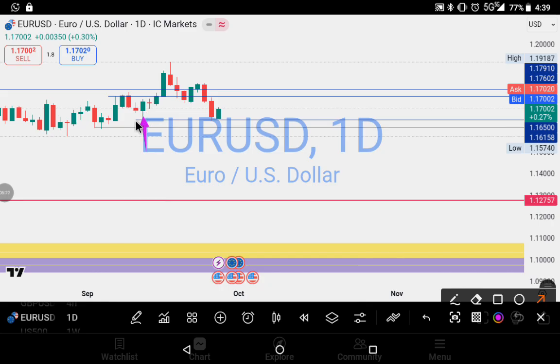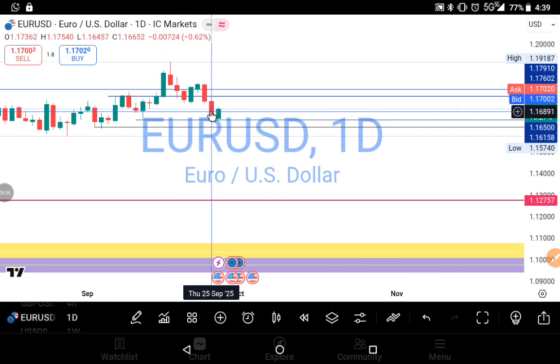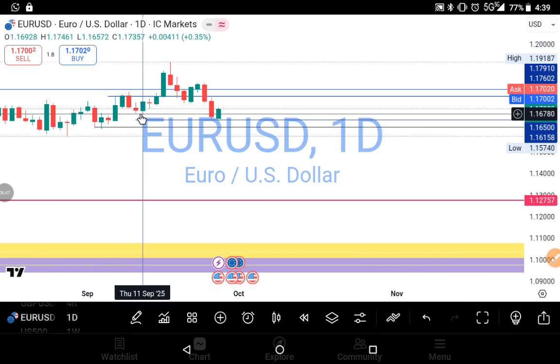So 1.1658 is what I'll be watching the coming week, because we've seen 1.165 being delivered. The low of this candle comes in at 1.16457. Let me point it out.